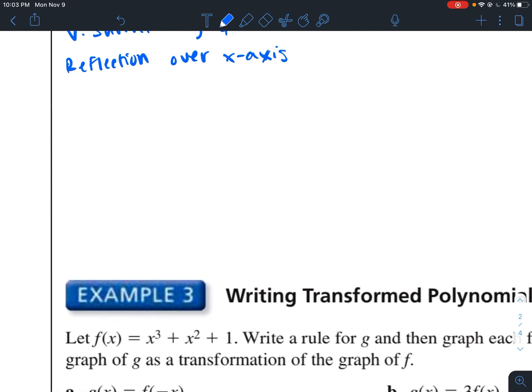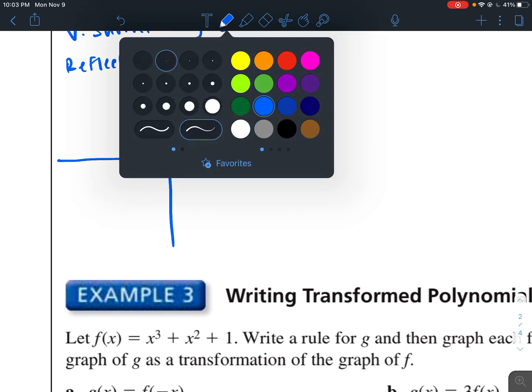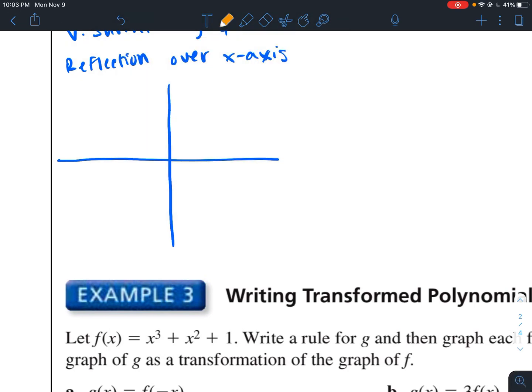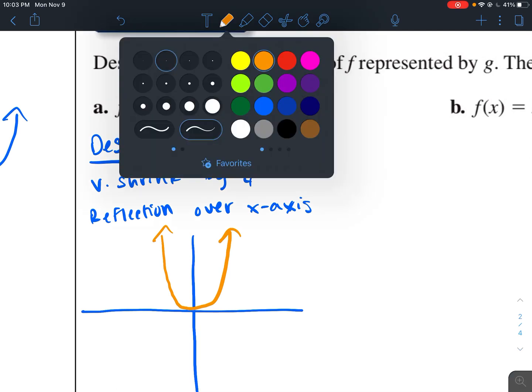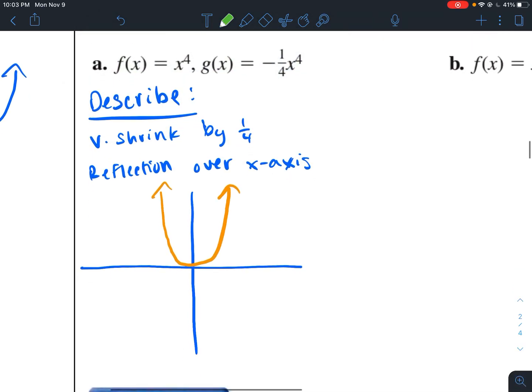So if you were to graph this, okay, so the parent function, we just drew the parent function, looks something like this. And then we're going to be shrinking it. The vertex doesn't change, the vertex being right here, but if it's a shrink, that means it should look more like this.